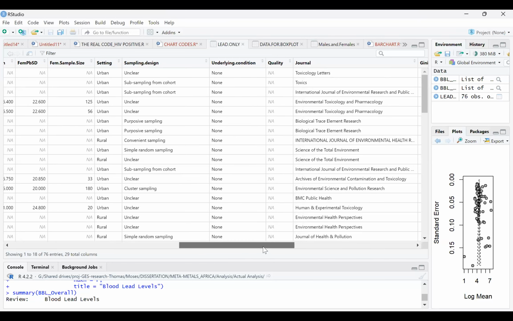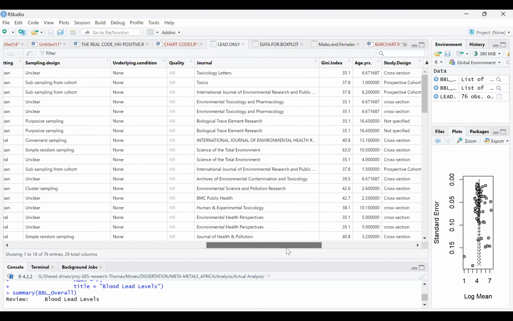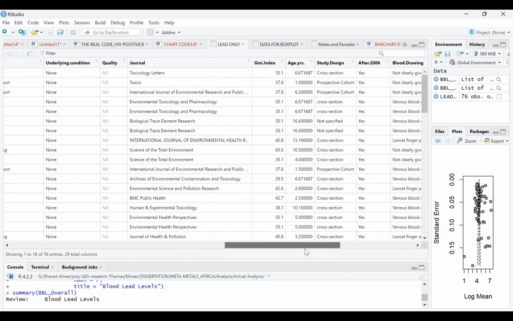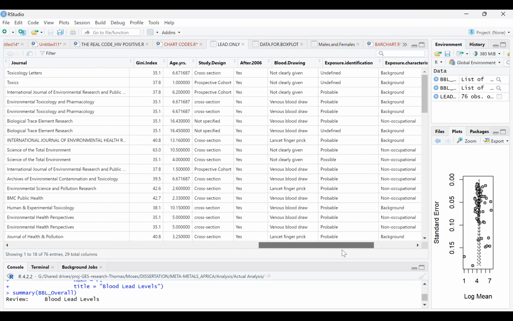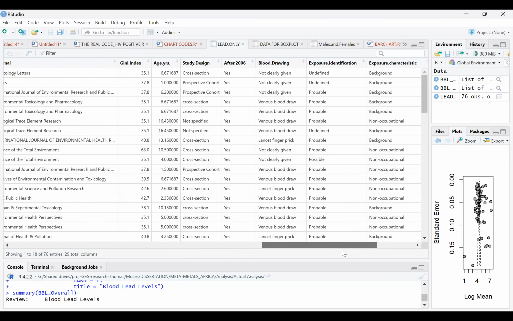And then the journal type it was coming from, the Gini index of the country representing income inequality, age, and study region, whether the study was conducted after 2006 or before 2006. This was very important as most African countries were beginning to ban lead in petrol and gasoline after 2006.